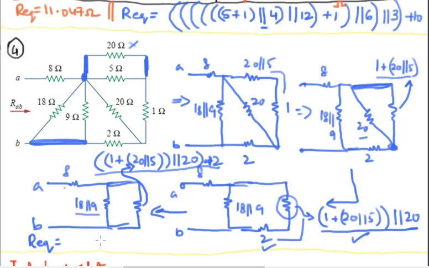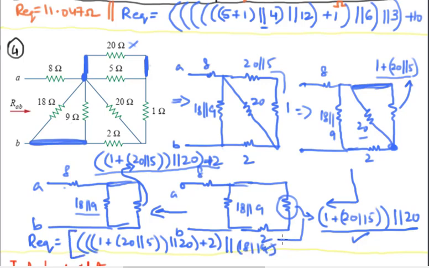So there it's going to look like 1 plus brackets 20 parallel 5, this whole thing in brackets parallel 20, and then plus 2, and the whole thing in parallel with 18 parallel 9, and everything in series with 8.